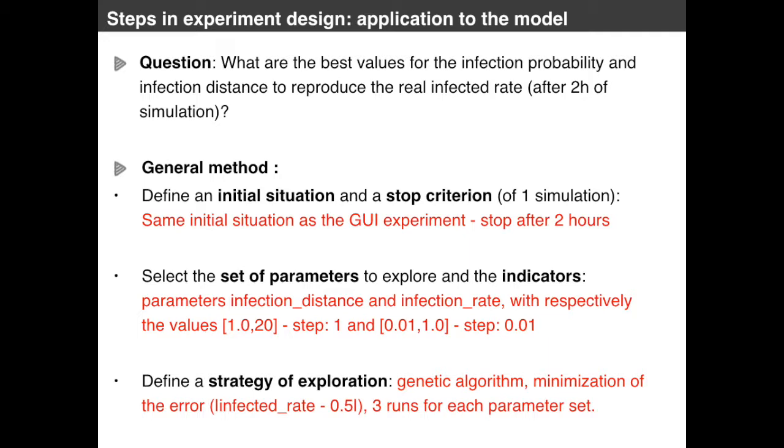We define 2 parameters: the infection distance that will have for a minimum value 1, for maximum value 20, and for the step 1, and the infection probability that will have for minimum value 0.01, for max value 1.0, and for the step 0.01. Concerning the exploration method, we use a genetic algorithm that will search to minimize the absolute difference between the infected rate and 0.5. We will execute 3 simulation runs per parameter set.